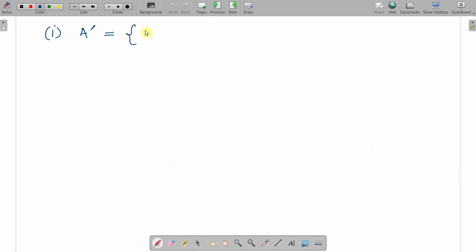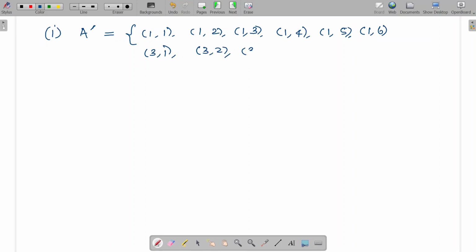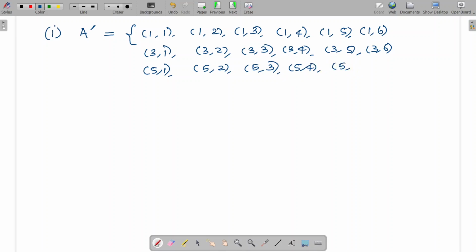So it will be 1 comma 1, 1 comma 2, 1 comma 3, 1 comma 4, 1 comma 5, 1 comma 6, then 3 comma 1, 3 comma 2, 3 comma 3, right, 3 comma 4, 3 comma 5, 3 comma 6, then 5 comma 1, 5 comma 2, 5 comma 3, 5 comma 4, 5 comma 5, okay, 5 comma 6.